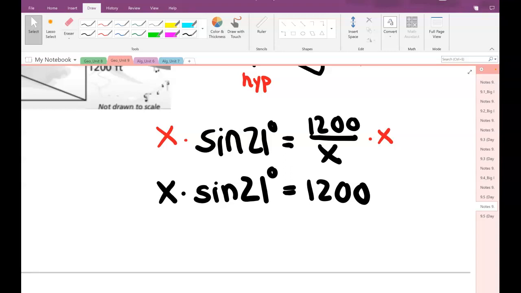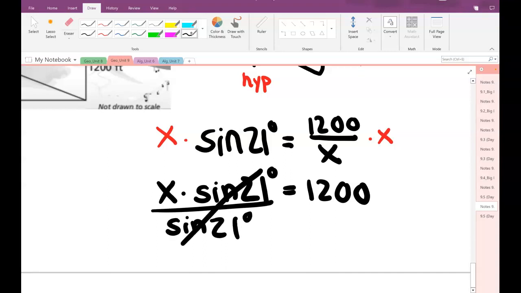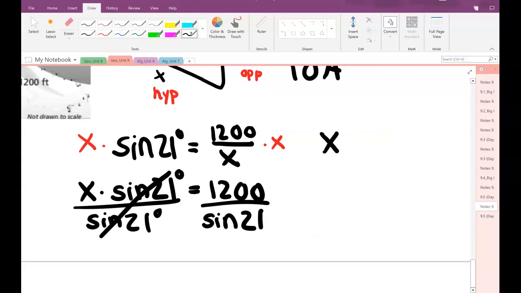So when we're solving an equation, we can divide by sine of 21 on both sides, because then this simplifies to 1. We're just left with x on our left-hand side. So x is equal to 1200 divided by sine of 21. You plug this into your calculator: 1200 divided by, you just hit sine and then 21.